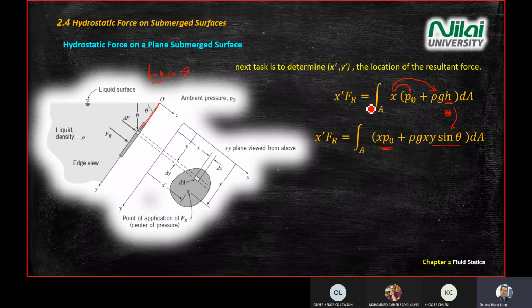So this is all mathematics steps here. Make sure you understand why suddenly there's an xy, because you replace your h, so h equal to y sine theta, and then you multiply your x inside the equation, you'll get an xy term here.